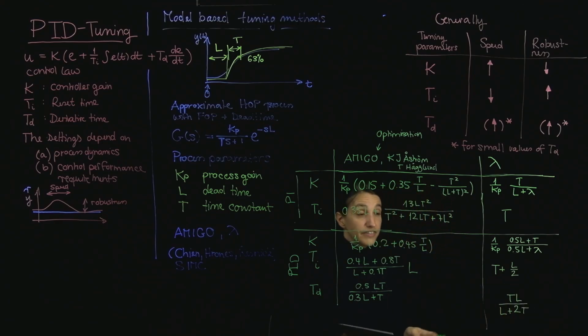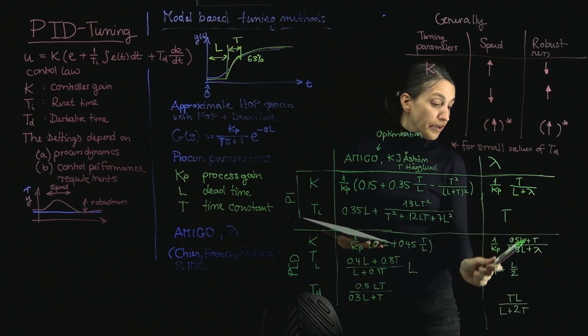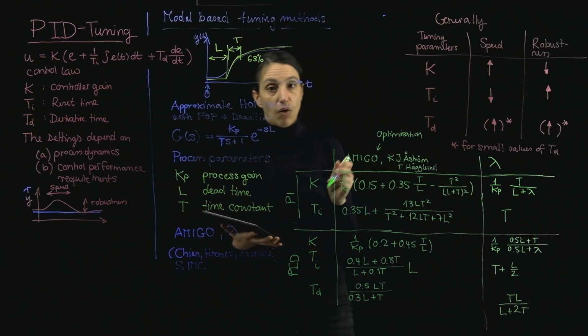So you only have this tuning parameter lambda in your controller gain K. So now, what is lambda?